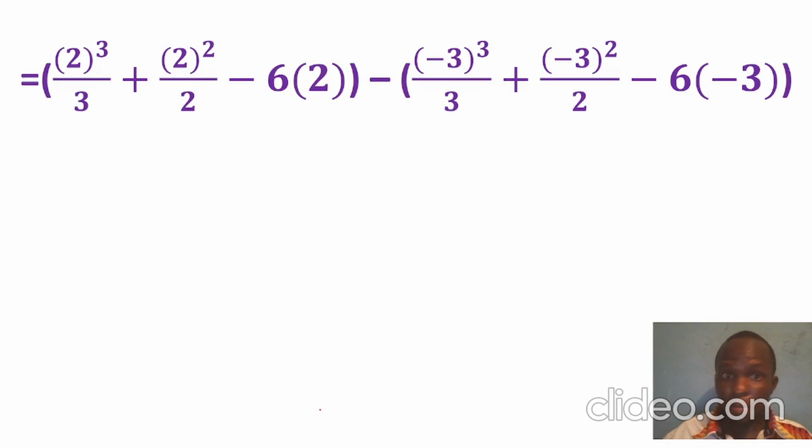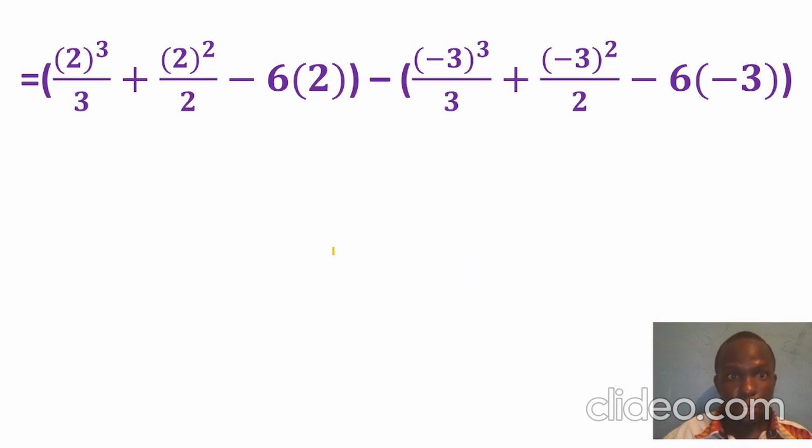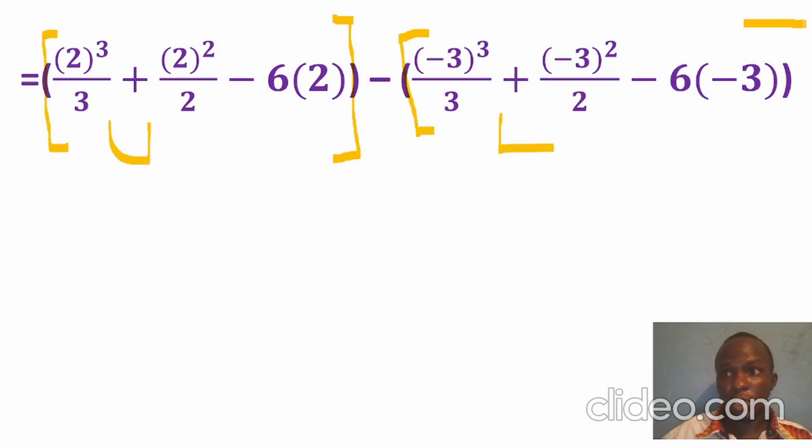Once again, because we are talking about a definite integral, we have to do the substitution separately and subtract. These are the upper limit substitutions. These are the lower limit substitutions. So look at minus 3.